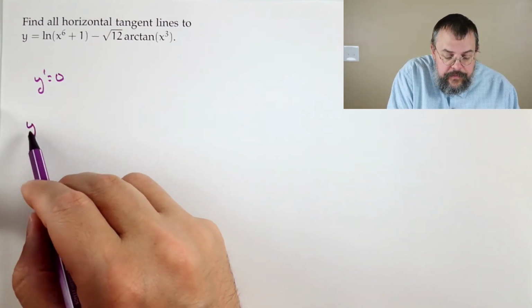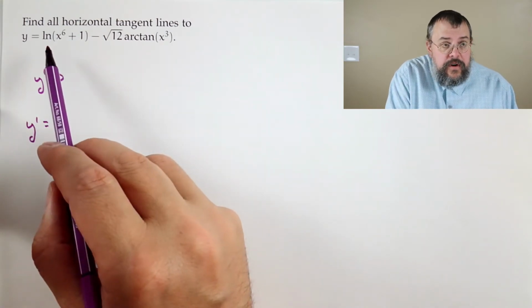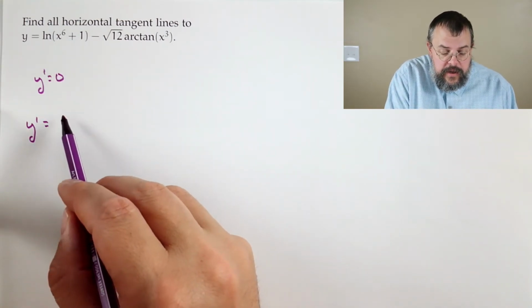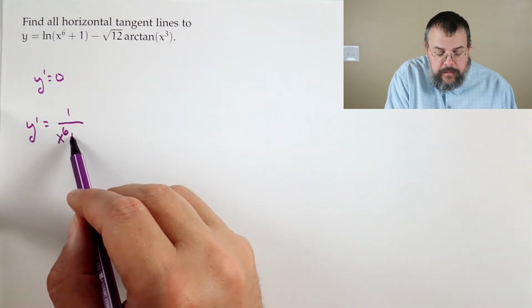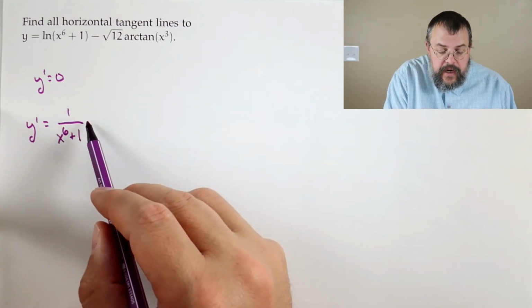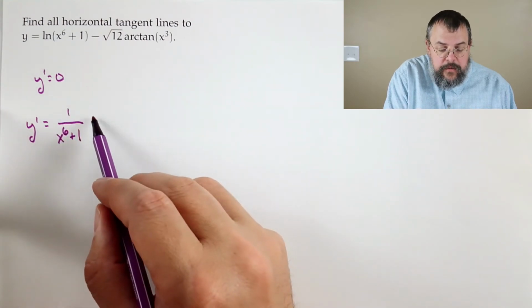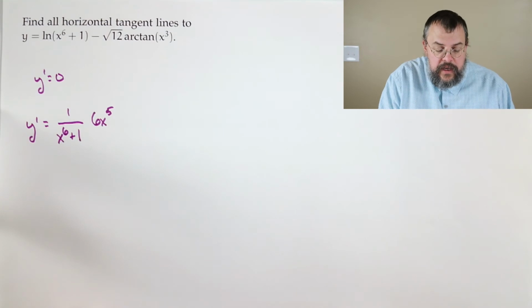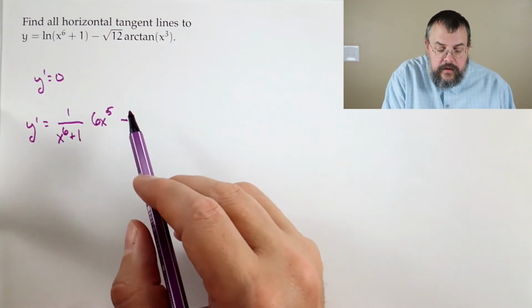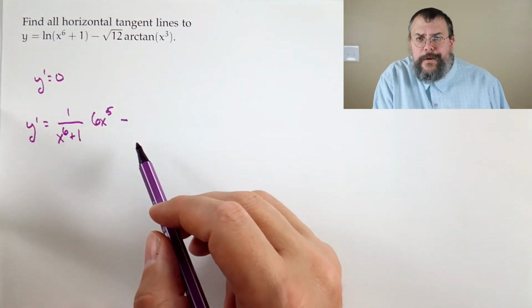All right, so whenever I have the derivative of natural log, it's going to be 1 over the inside, x to the 6th plus 1, times the derivative of the inside, which would be 6x to the 5th. Okay, minus square root of 12. That's kind of a weird number.